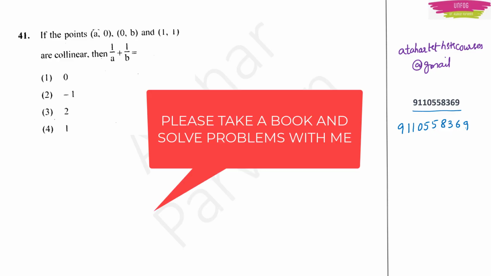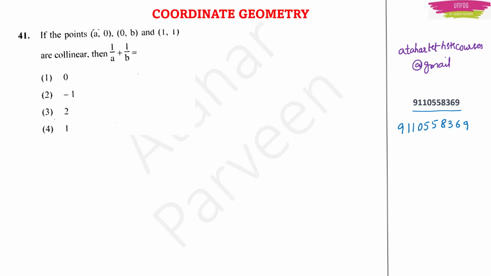So coming back to our class, the first question from the 2015 question paper was from coordinate geometry. The question is: if the points (a, 0), (0, b) and (1, 1) are collinear, then 1/a + 1/b is equal to what? To solve this problem, you should know the condition for collinearity.